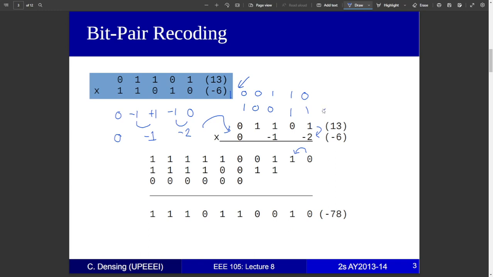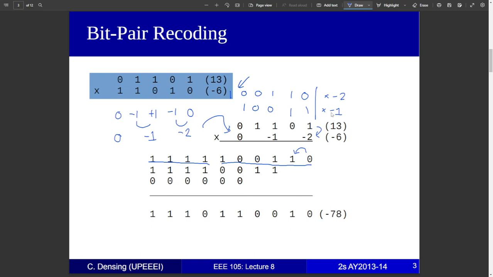So this is times negative 1, and this is times negative 2. When you multiplied it by negative 2, this is the partial product that came out: 1, 0, 0, 1, 1, and the 0 because you shifted it once. And then you copy the sign bits because it's a negative number.